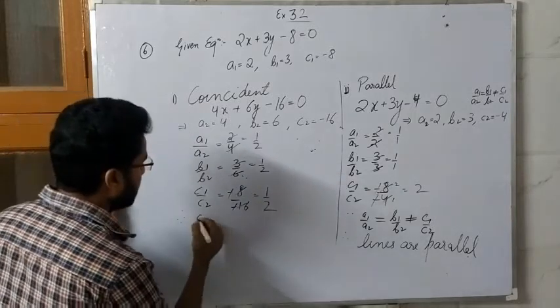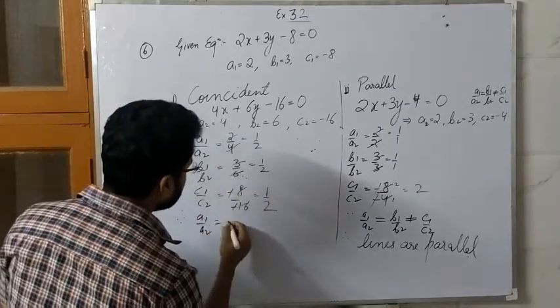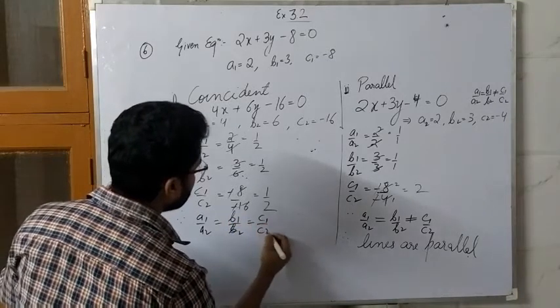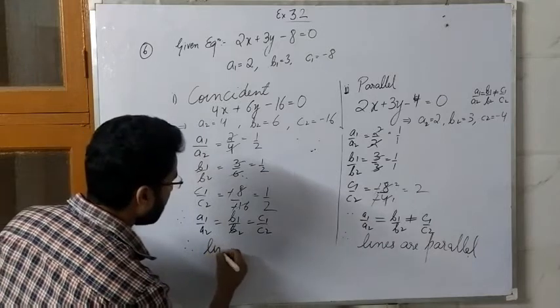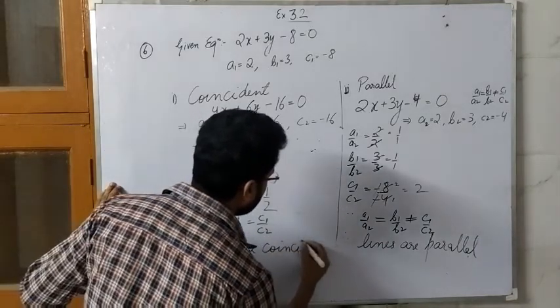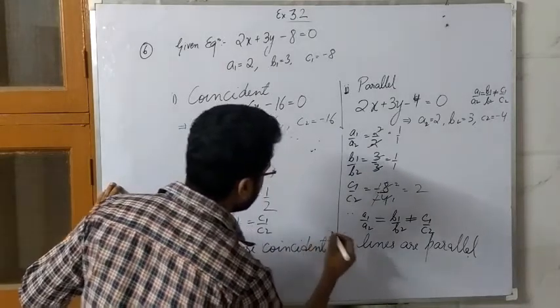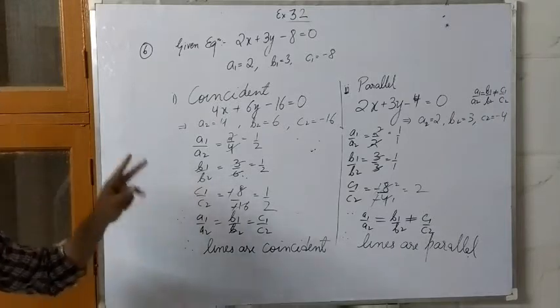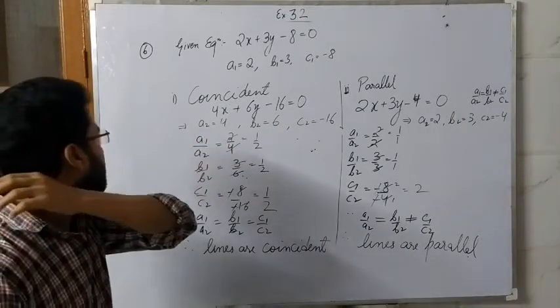So you will write, since a1 upon a2 is equals to b1 upon b2 equals to c1 upon c2. Therefore lines are coincident. Right? Now, so pause the video and note this down. ठीक है? Do remember these three tricks. ठीक है?